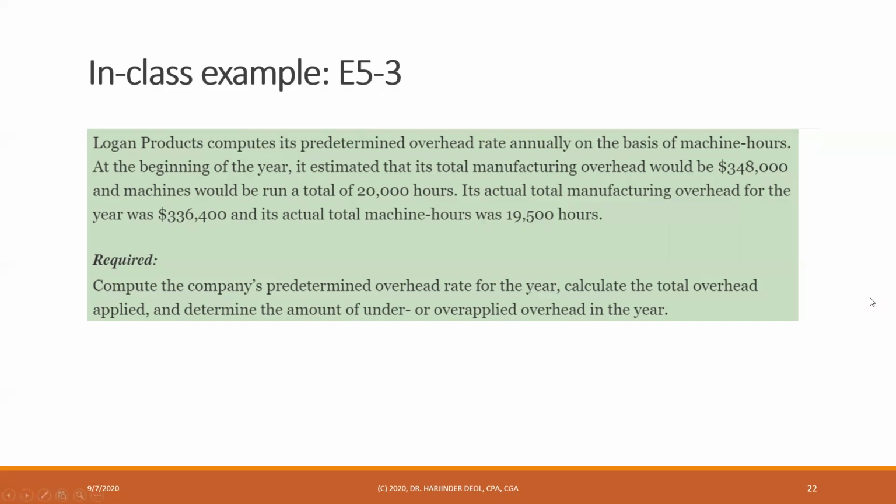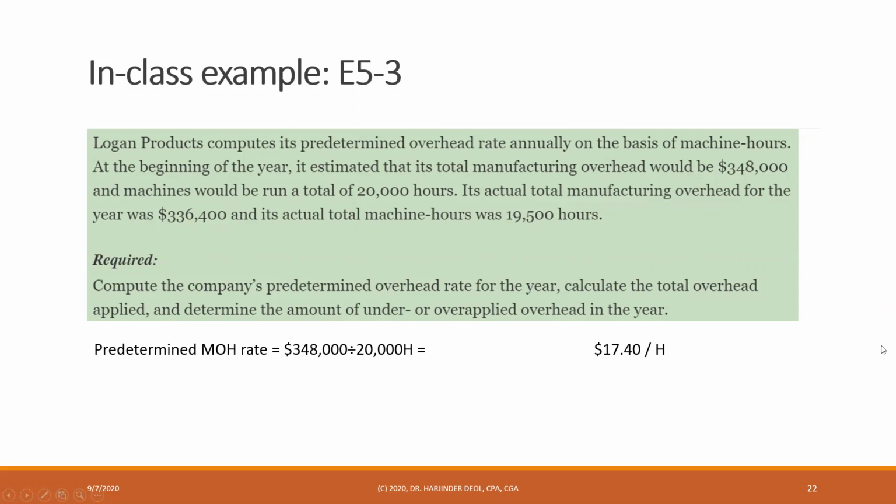We can use the information to calculate the predetermined manufacturing overhead rate. $348,000 divided by 20,000 hours is $17.40 per hour. The actual total machine hours was 19,500 hours.